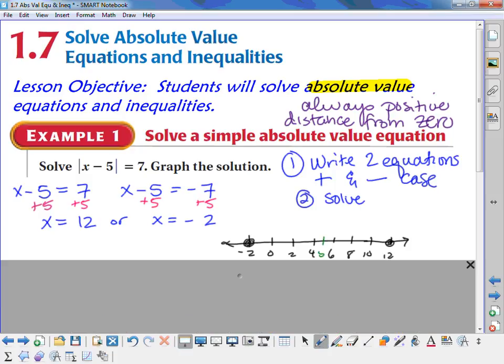What else could I do? Remember midpoint? So anyway, I'm showing you the graph to show you how the equation actually is in the graph. They're both a distance of 7 from 5. So you guys see how the equation is in the graph there.